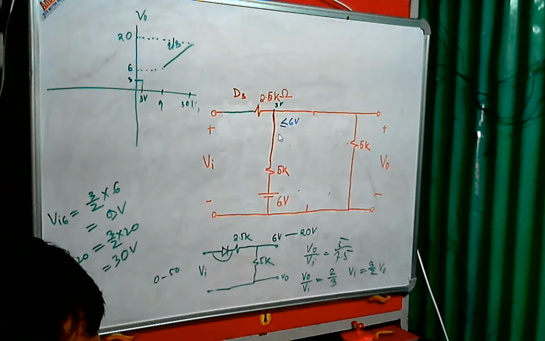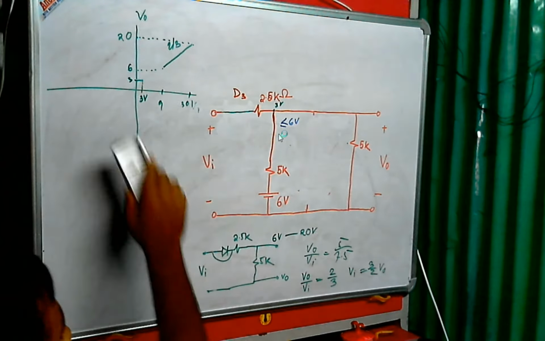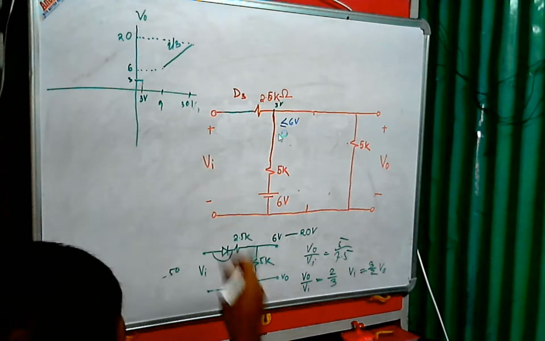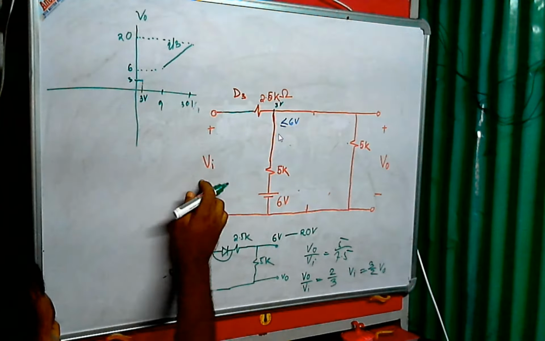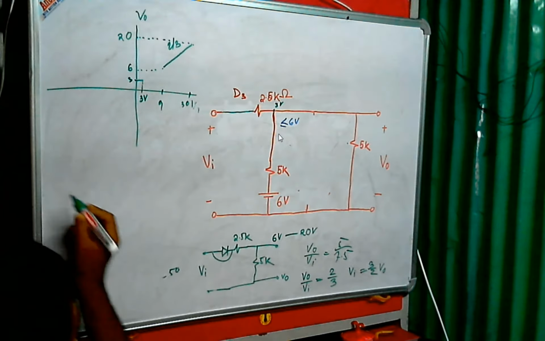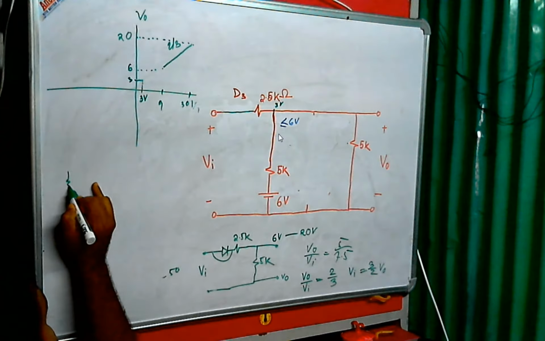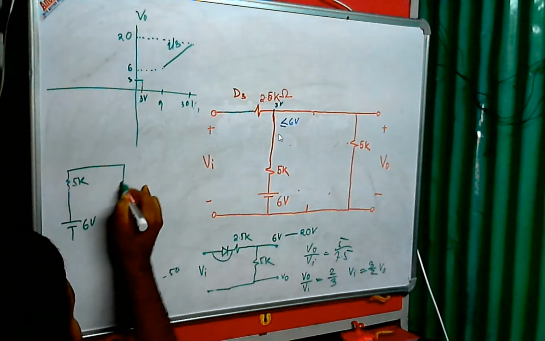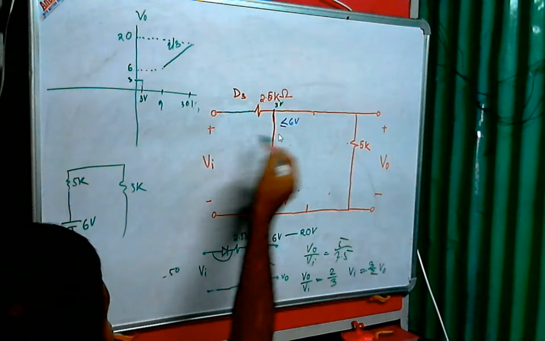We can simply apply the superposition theorem in order to find the output voltage in this range, 3 volt to 9 volt. First let us short the input voltage source, then we have the 6 volt source. The circuit will be simply your 6 volt, then we have a 5k resistor, and we have another 5k over here, which will be in parallel to this 5k.